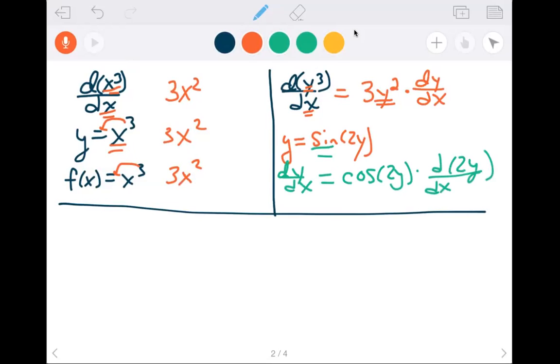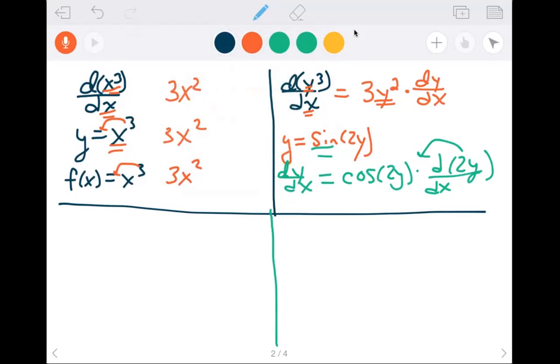You might say that's 2. Nope. If it was an x there, it's 2 times dx/dx. But when there's a y there, it's 2 times dy/dx. It's a little confusing, and that's why I'm doing an intro to the implicit rule of differentiation.